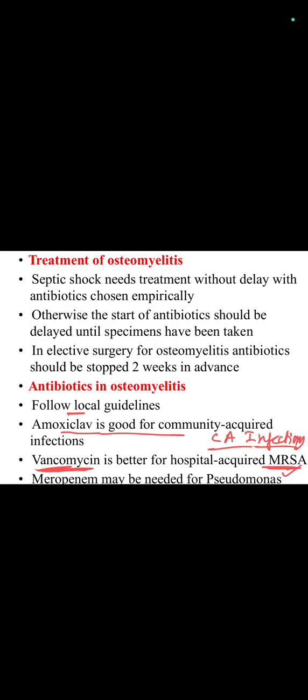The treatment of osteomyelitis must be started before the culture results. Antibiotics should be stopped 2 weeks before elective surgery. Antibiotics in osteomyelitis follow local guidelines, like amoxicillin, which is good for community acquired infection.